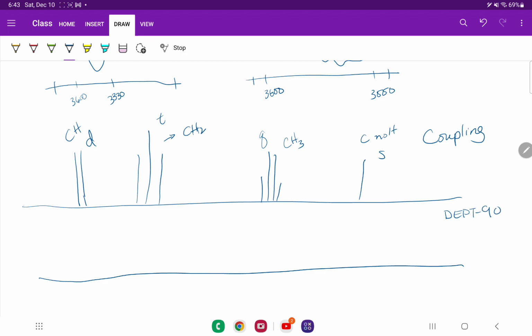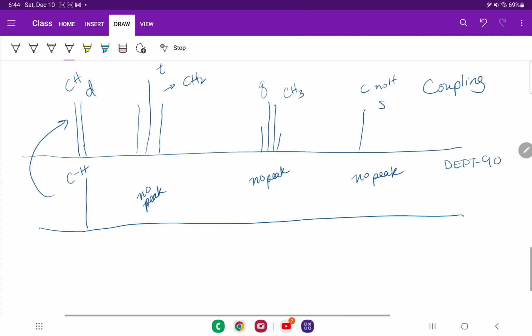On a DEPT 90, the only thing that shows up is a CH. For CH2s, you see no peak. And I'm not implying any regions here, I'm just implying information. For CH3s, you see no peak. For carbons with no hydrogens, you see no peak. So how it translates to a coupled NMR: on a coupled NMR, you should see a peak. That's a doublet.